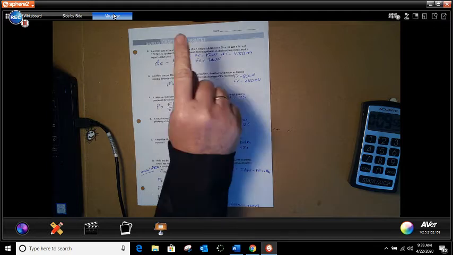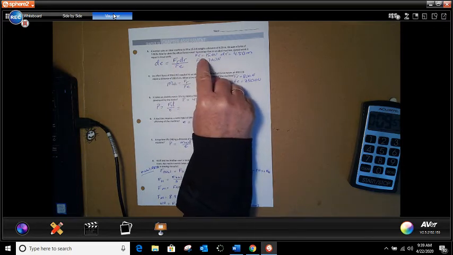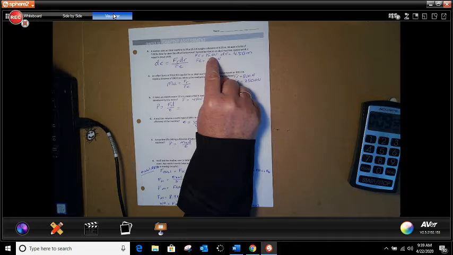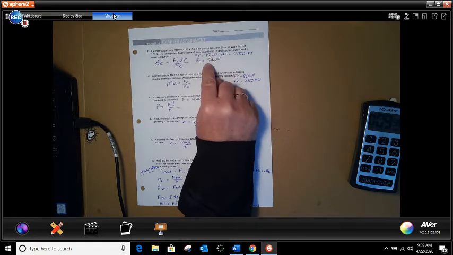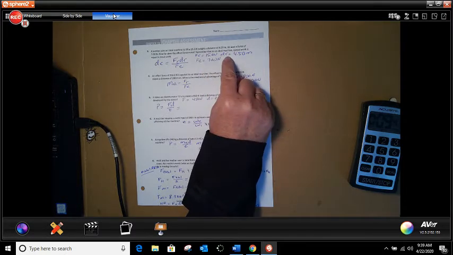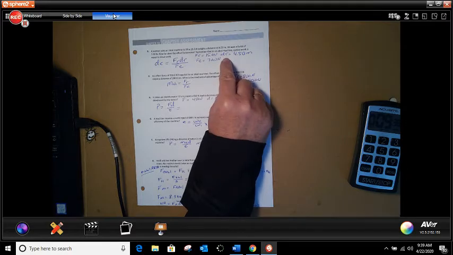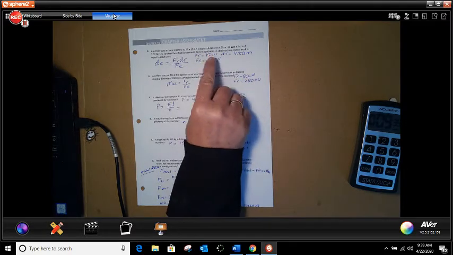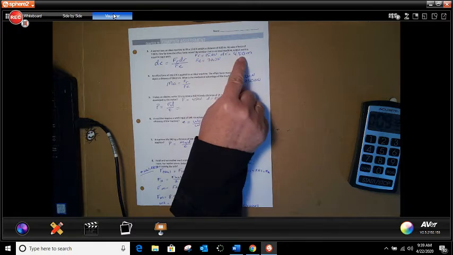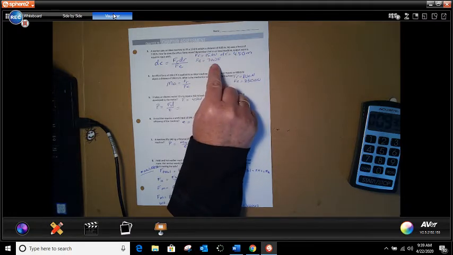So our FR is 15 newtons, because that is what the lift was. Our FE is 7 newtons. That is the force that is being used. And then dR is 4.50, which is the distance that it travels. So you're going to take your FR times your dR divided by your FE and give me your answer there.